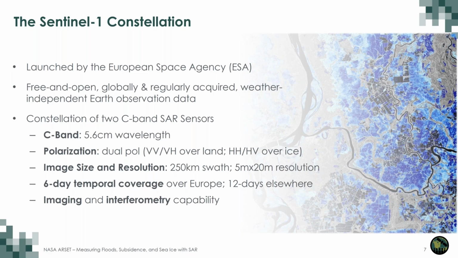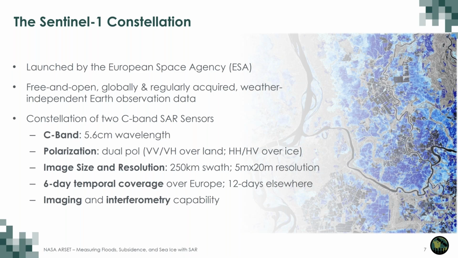The data sets have a resolution of roughly 10 meters, so 5 by 20 meters, roughly a 10 meter scale pixel size. And every image has a swath of 250 kilometers. So you get very large coverage with every rotation of the satellite around Earth.